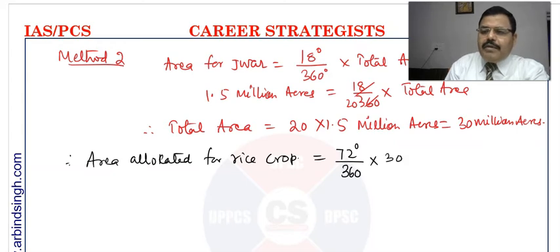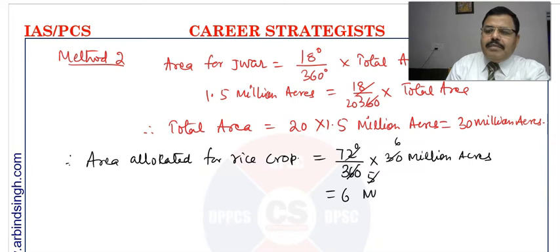The total area we have calculated here is 30 million acres, right? So this 5 cancels this 6 times, and the answer is 6 million acres, right?